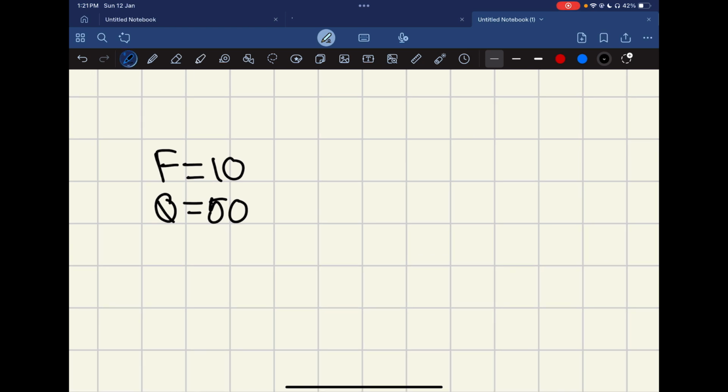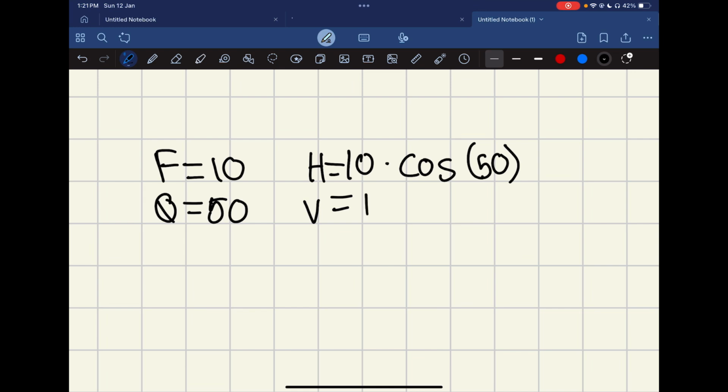Okay, horizontal is going to be 10 times cos 50. And vertical is gonna be 10 times sine 50.